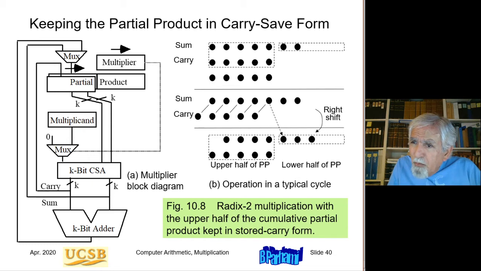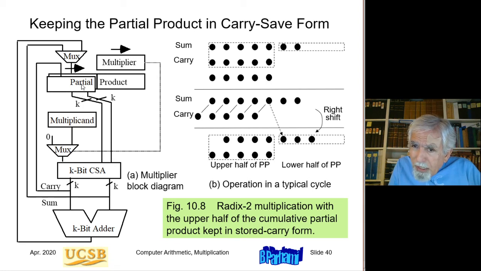So that's the partial product up there. And this is the next number to be added, and that next number comes out of this multiplexer. It can be 0 or it can be the multiplicand. So this number is to be added to the carry save partial product, and the result can be kept in carry save form. So I don't use this k-bit adder in the intermediate cycle.